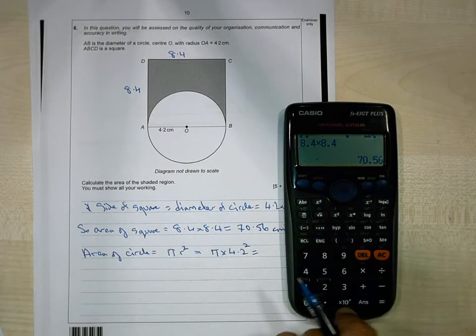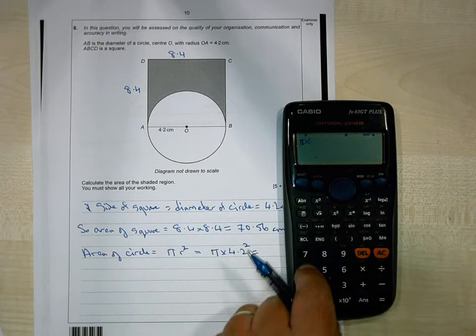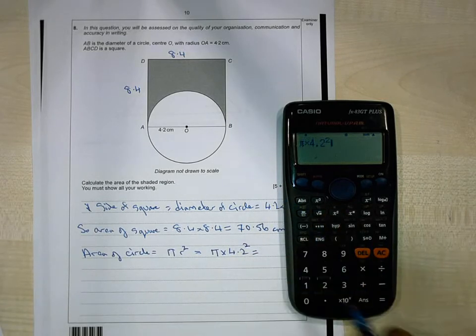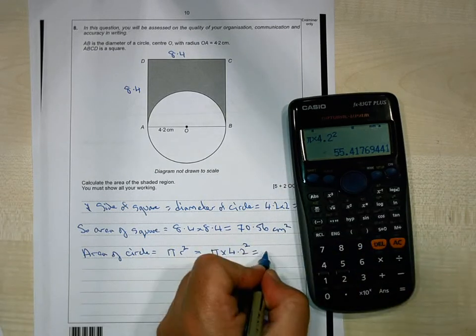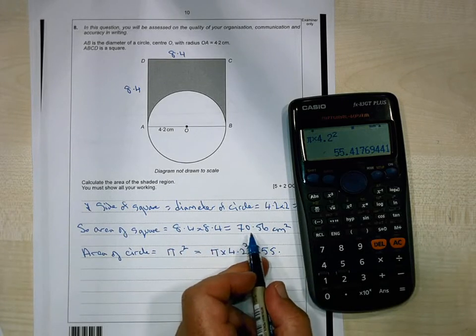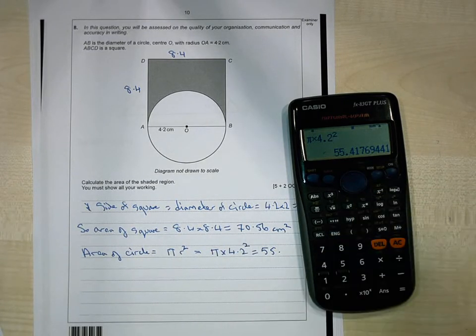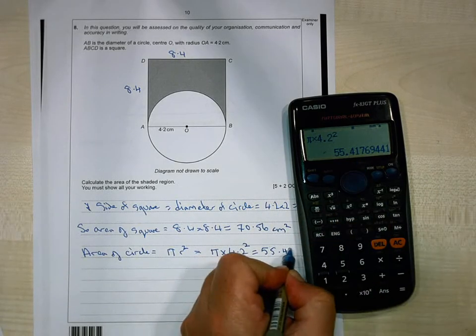So shift times 10 gives me the pi times 4.2 squared. So that's going to be 55 point, and because that's gone to 2 decimal places, I'll take this to 2 decimal places as well. So that's going to be 55.42.